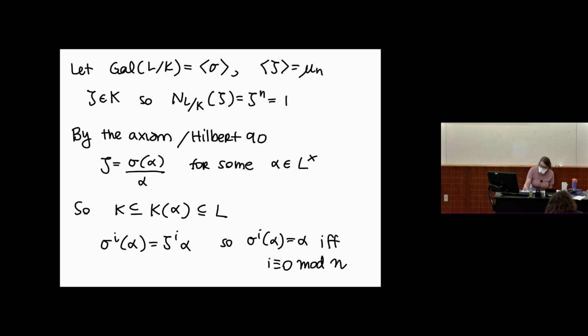So this tells me that alpha has n Galois conjugates in K alpha. So the extension K alpha over K is of degree n, which is the same as the degree of L, so they have to be the same extension.